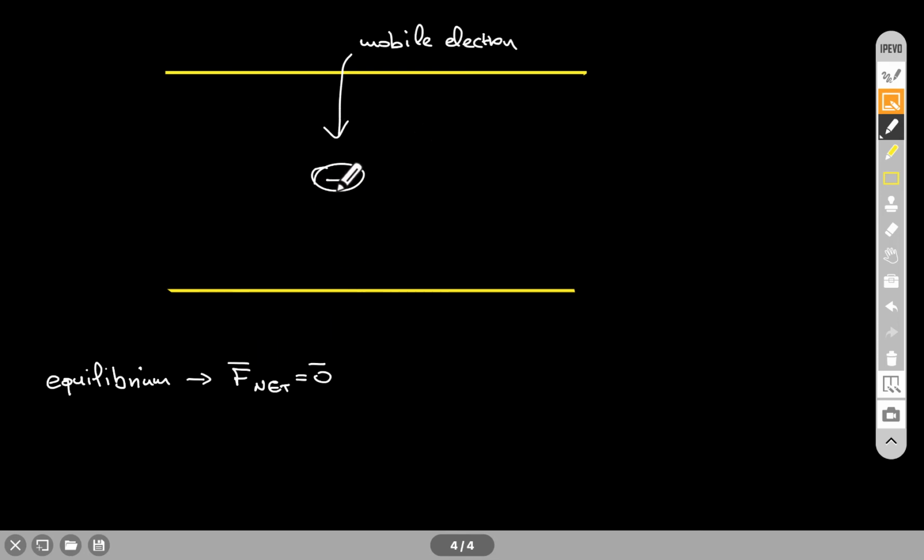If the net force on this is zero, because it's a charge, the net force can be zero only if the net electric field at that point is zero. So when I talk about equilibrium in a circuit, what I mean is that there is no net electric field inside the wire.